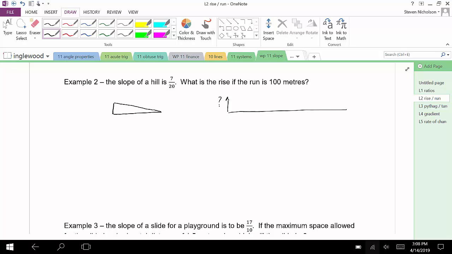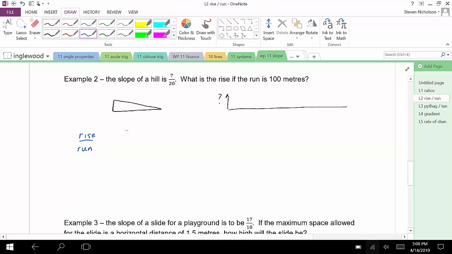So the way we can do that is we can set up our slope ratio as rise over run, and we know 7/20 is going to equal the vertical distance, I'll call it V for vertical distance, over this horizontal distance.